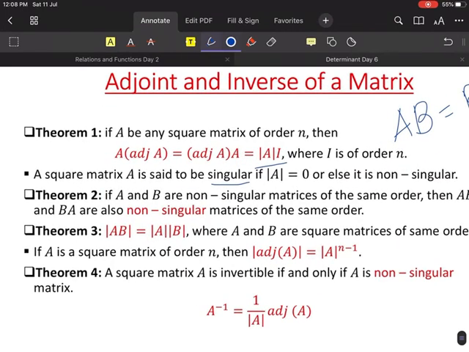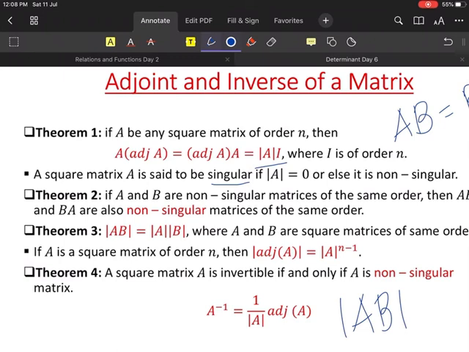Now the third theorem. What is this thing? AB is what? Is it a matrix or a determinant? AB is a matrix, right? Now if I have to find the determinant of this matrix, I will just put it like this.